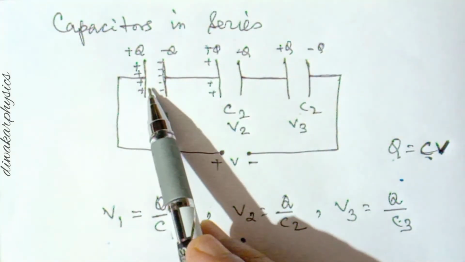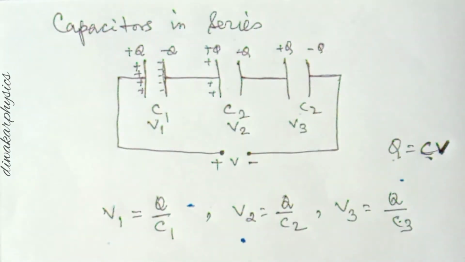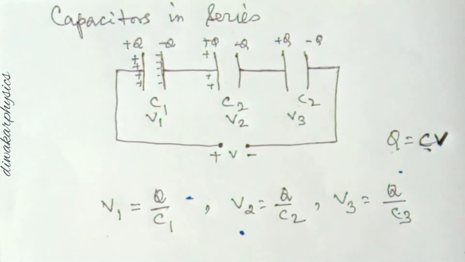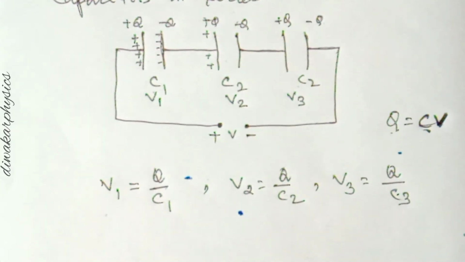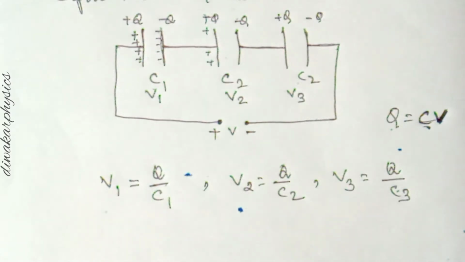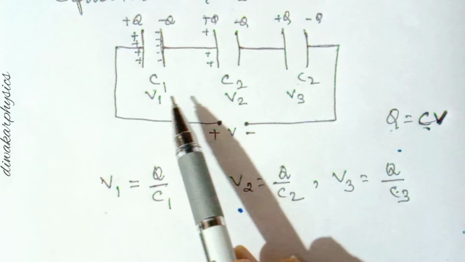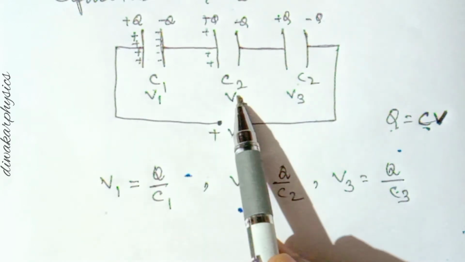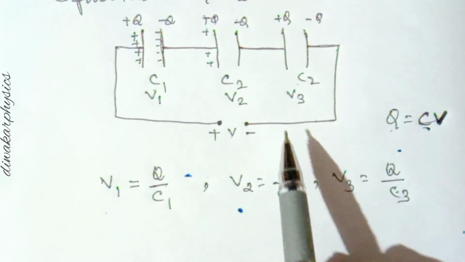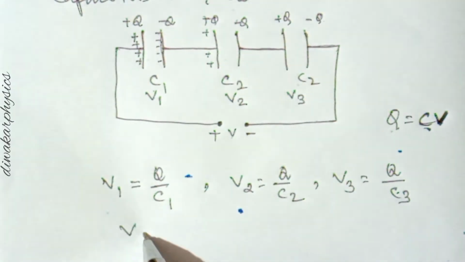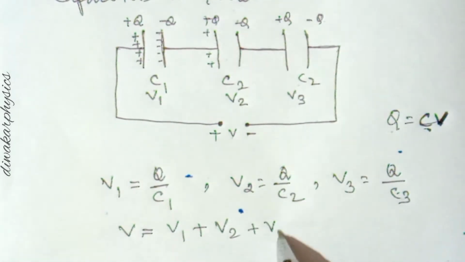Now, why is this potential difference developed here? It is due to the source voltage. As you know, voltage or potential difference is related to work or energy, so this must be conserved. So we can write V is equal to V1 plus V2 plus V3.